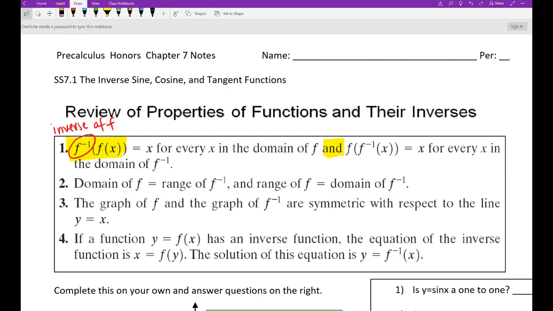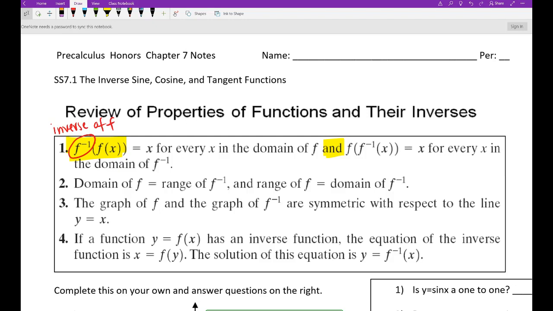So I take the regular and compose the inverse, and I take the inverse and compose with the regular. They both have to come out to be x, and the word is and. If one of them fails to equal x, then they are not inverses of each other.